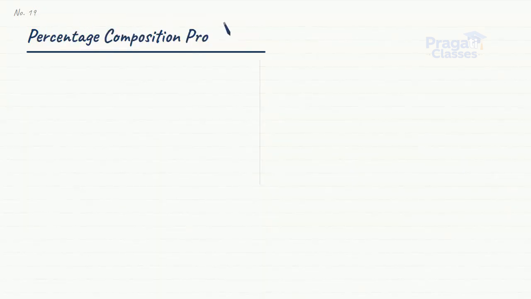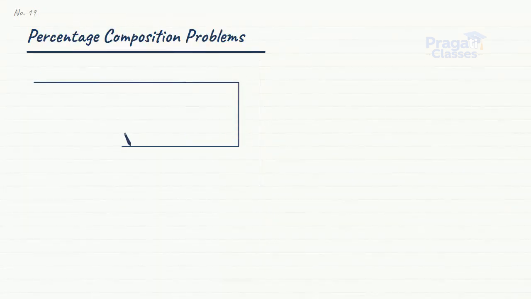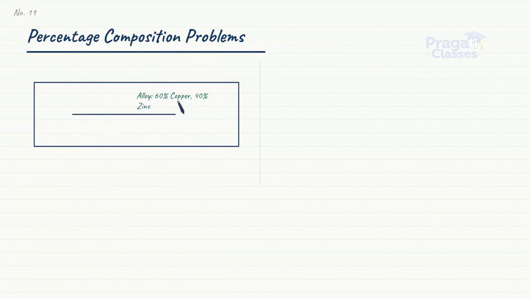Now that we can handle single-item percentage problems, let's look at mixtures, where percentages describe what something is made of. Stay with me on this one. Picture an alloy, which is just a metal mixed from others. This one is 60% copper and 40% zinc.